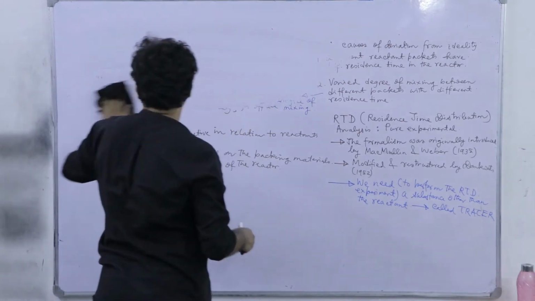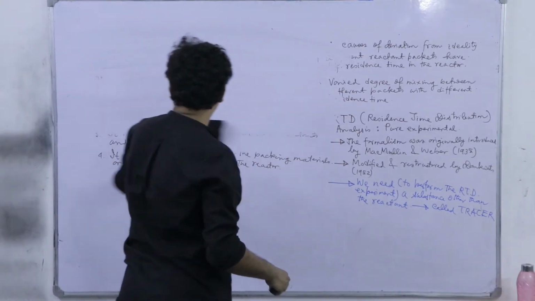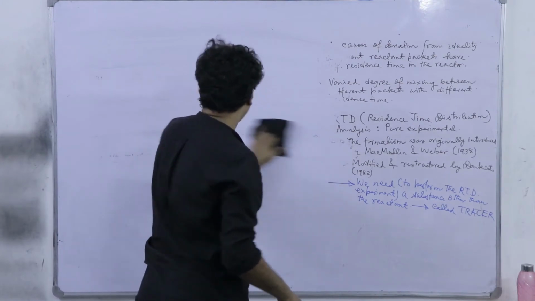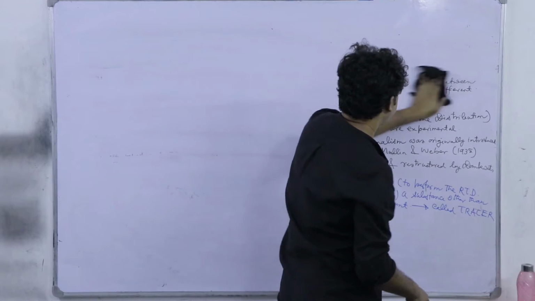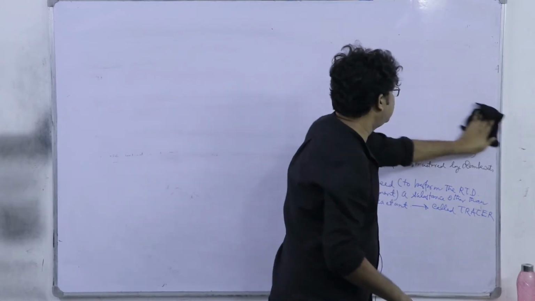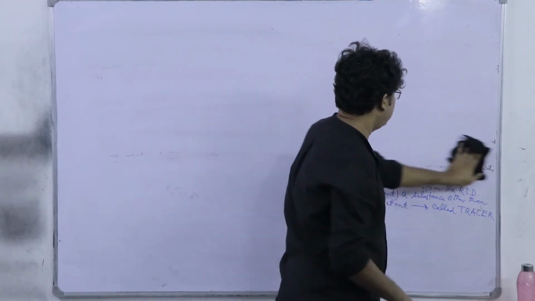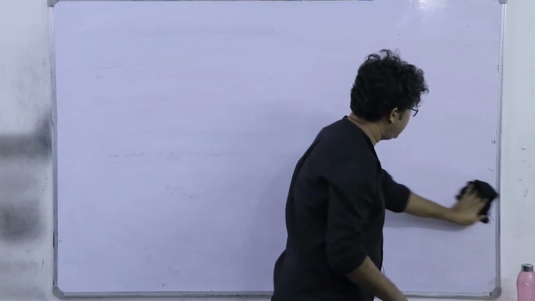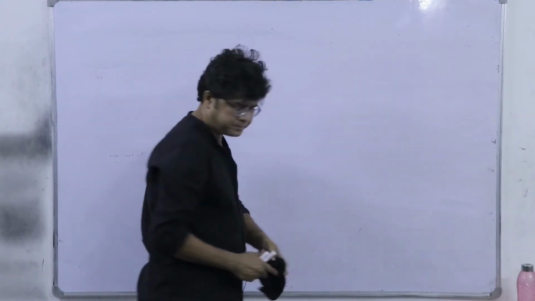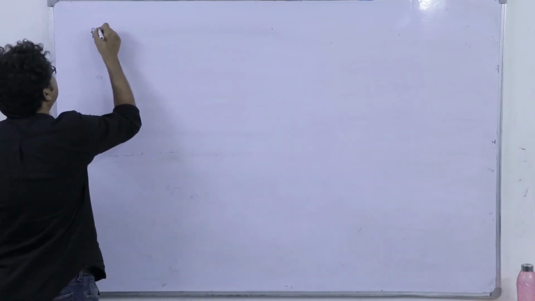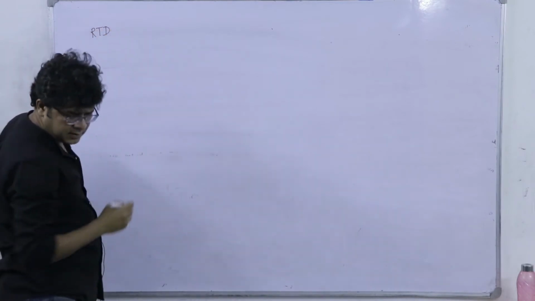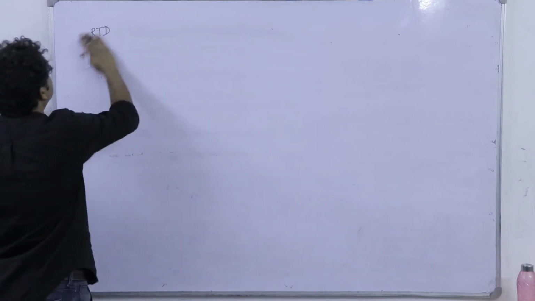Definitely we have to measure the concentration at the outlet, right. But how will you measure, what actually do we need, and how will you represent this data of RTD analysis? So, next point is RTD, measurements of RTD.